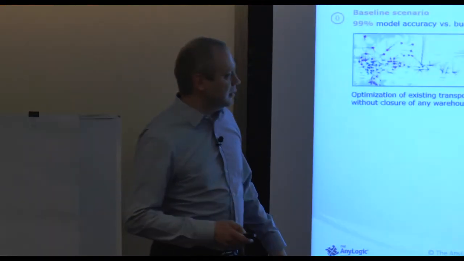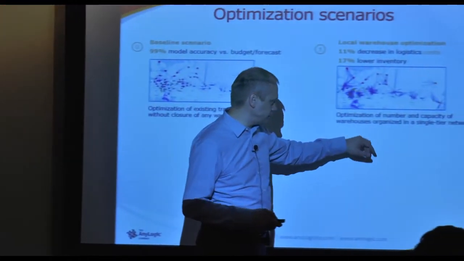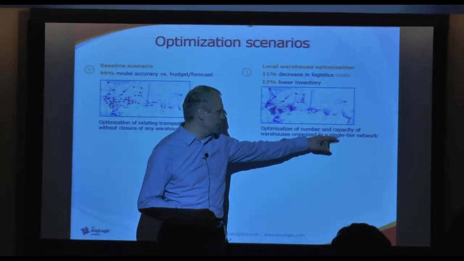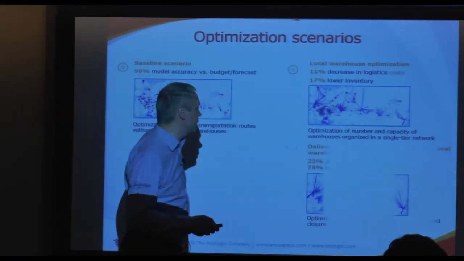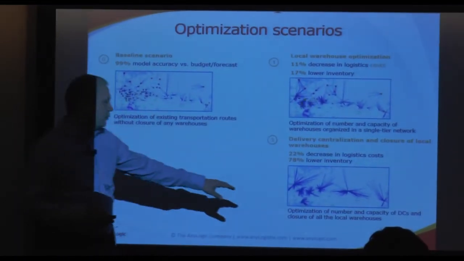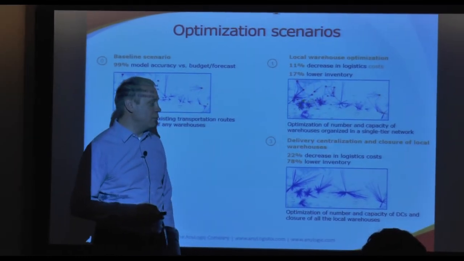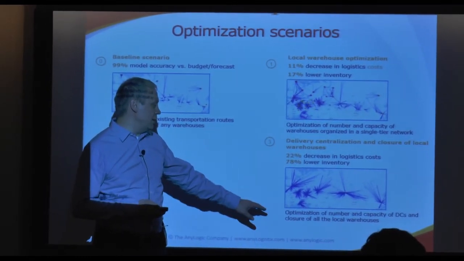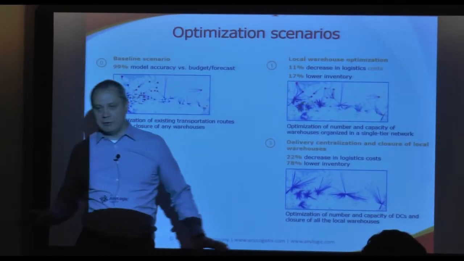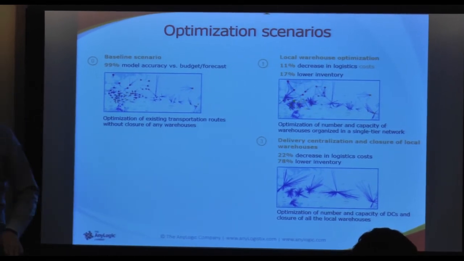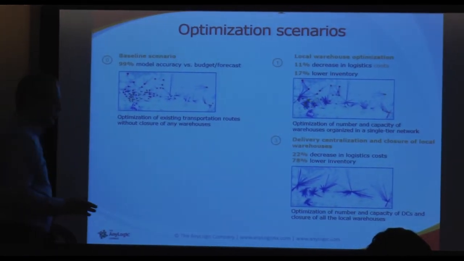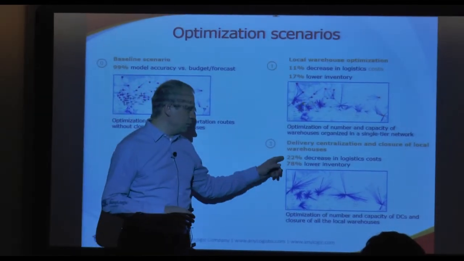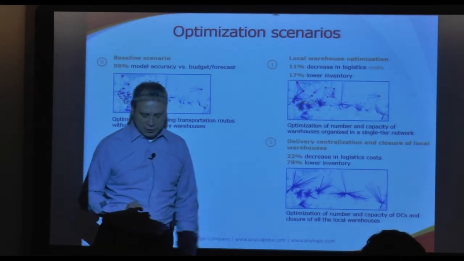Then they tested different scenarios, like optimization of the number and capacity of warehouses organized in a single tier network. Another one was more radical. They just wanted to change everything: if we forget about what we have and create it from scratch, what will be the savings and what will be the structure.